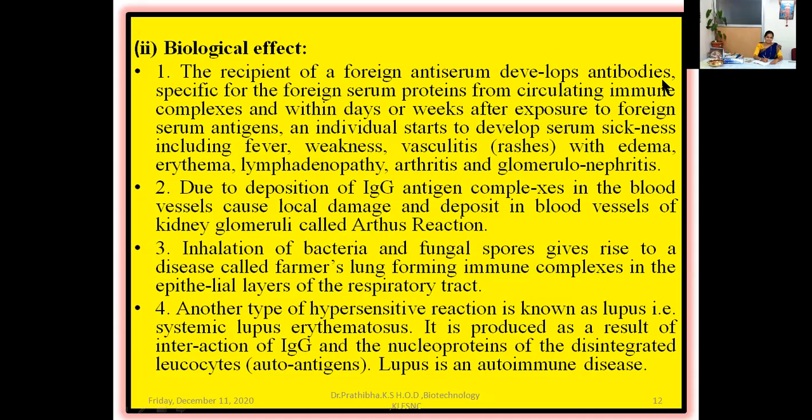Due to the deposition of IgG antigen complexes in the blood vessels, they cause local damage, and deposits in the blood vessels of the kidney glomeruli are called the Arthus reaction.